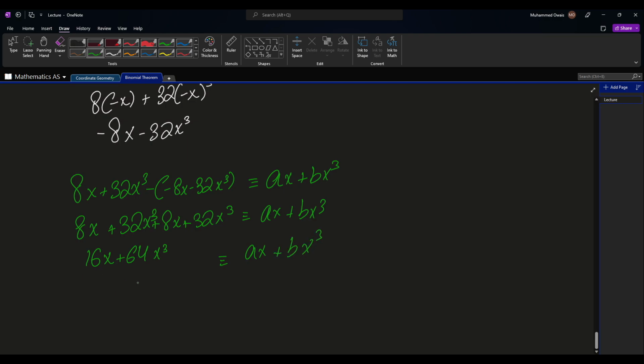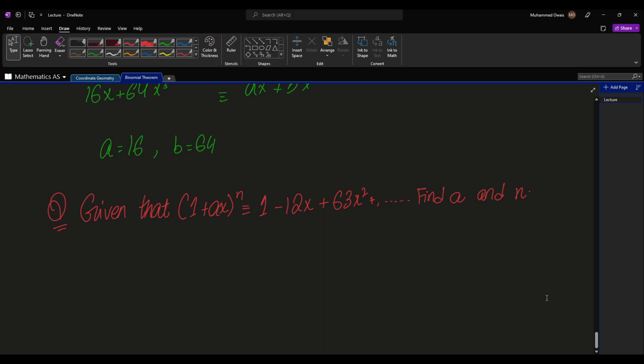Alright, so the coefficient of x here is a and the coefficient of x here is 16. Therefore a is equal to 16. And here the coefficient of x cube is b, and here the coefficient of x cube is 64. Therefore b is 64. Alright, pretty simple.